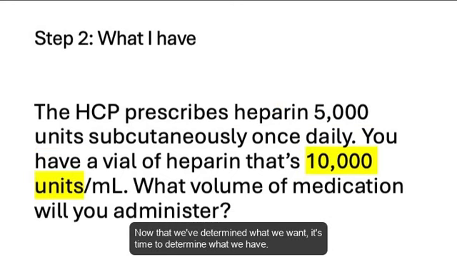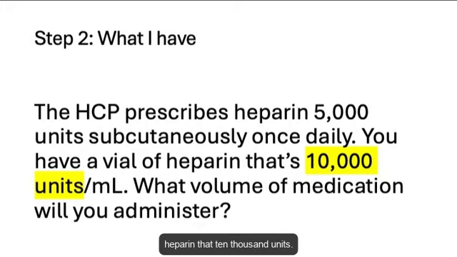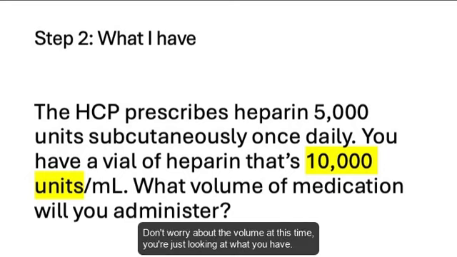Now that we've determined what we want, it's time to determine what we have. Looking back at this question, what I have is basically what's on hand. What's the medication that you have on hand? In this question, what we have is a vial of heparin that's 10,000 units. Don't worry about the volume at this time. You're just looking at what you have.